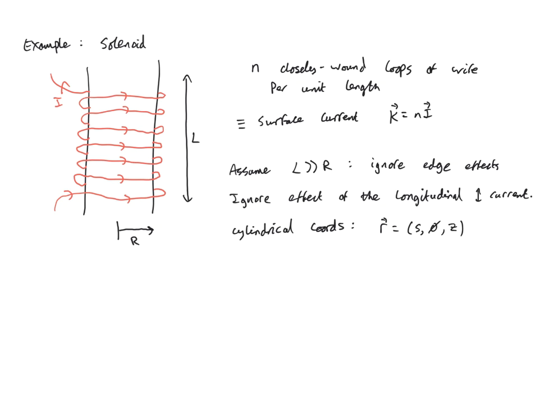If we turn the solenoid upside down, it's like we're reversing the direction of the current. But this cannot change the magnetic field from being in-pointing to out-pointing just by turning the solenoid upside down. So this tells us that the radial component of the magnetic field must be equal to 0. So that's a symmetry argument.